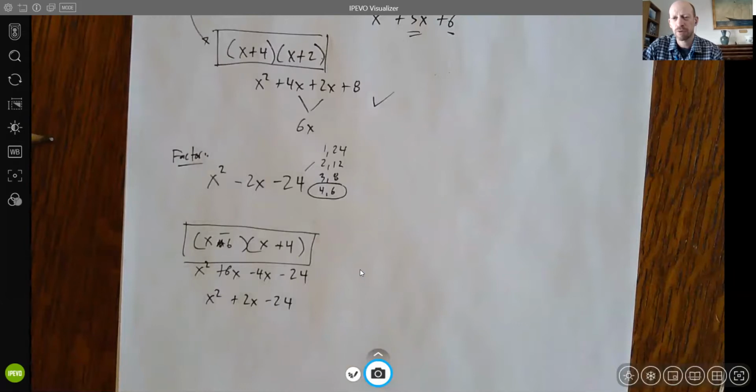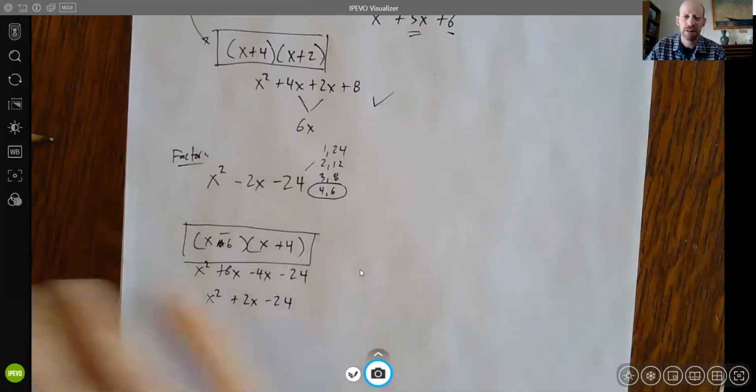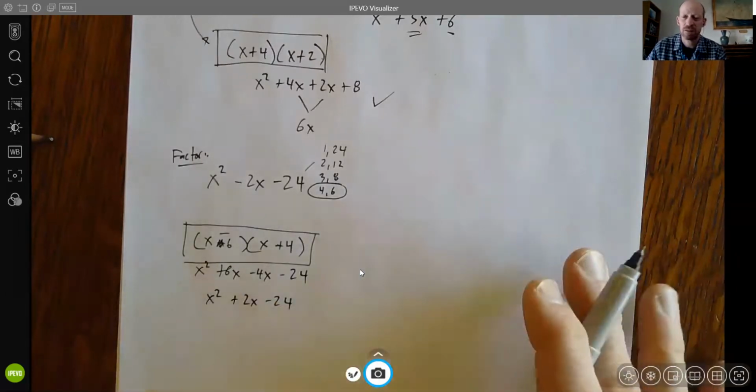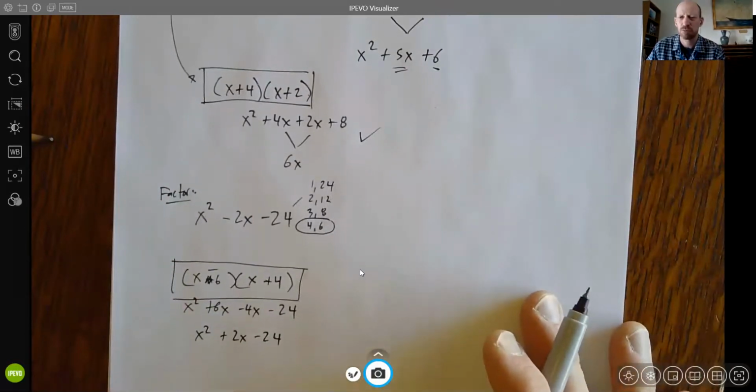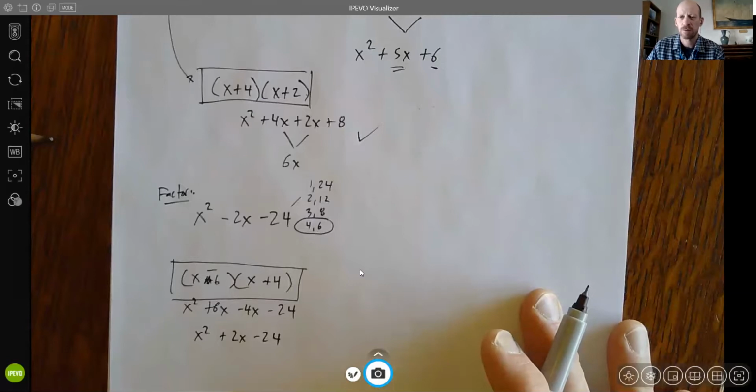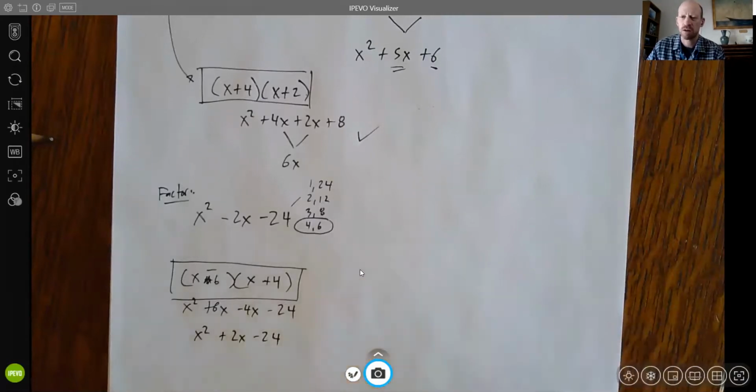So there are different ways of thinking about them. I find this to be effective as you move forward. If you can factor things pretty quickly like this, you'll get good at checking your work very quickly, but there are plenty of people who are great at factoring who use different strategies too.